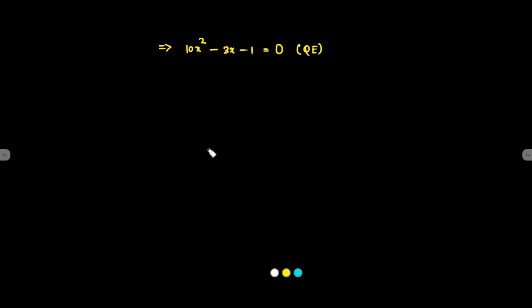Here we have to multiply by something to bring it into a proper square format, because 10 cannot be converted into a proper square format without involving a square root. So to get a whole number square format, we'll multiply 10 on both sides.